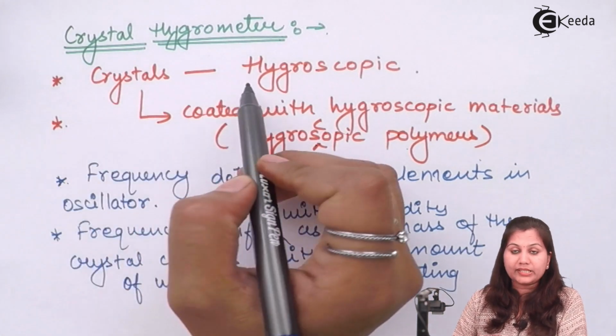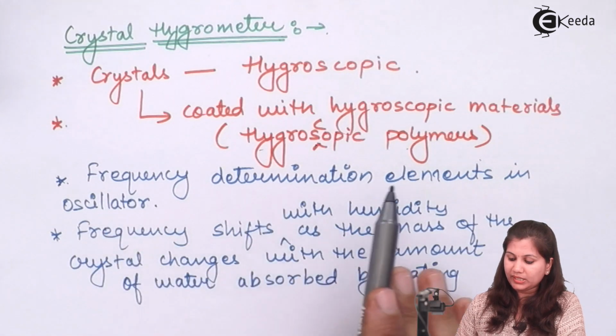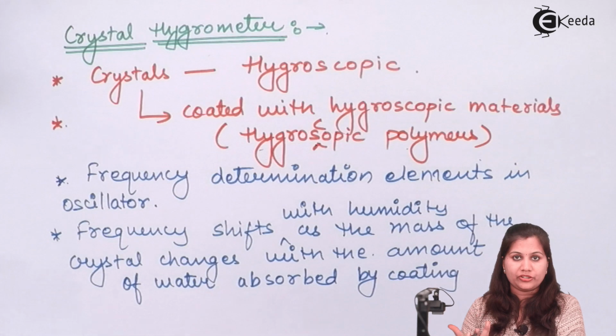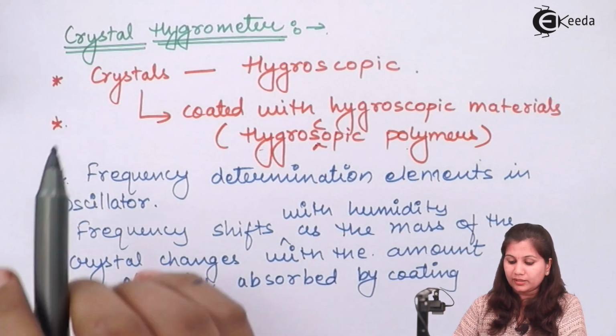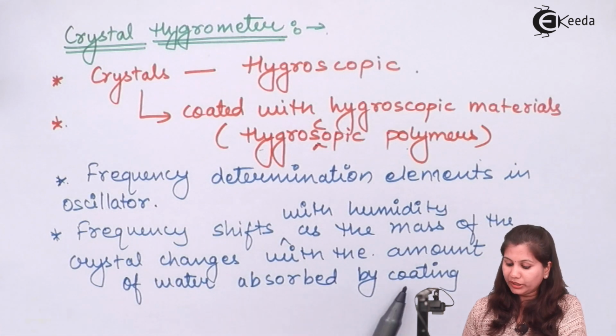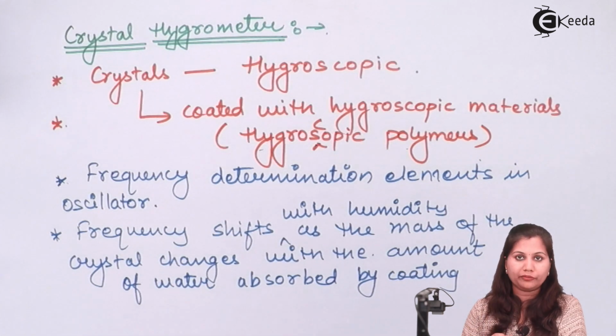When these crystals are used as the frequency determination elements in the oscillator and the humidity changes, the hygroscopic coating over the crystals is going to absorb the water vapors.